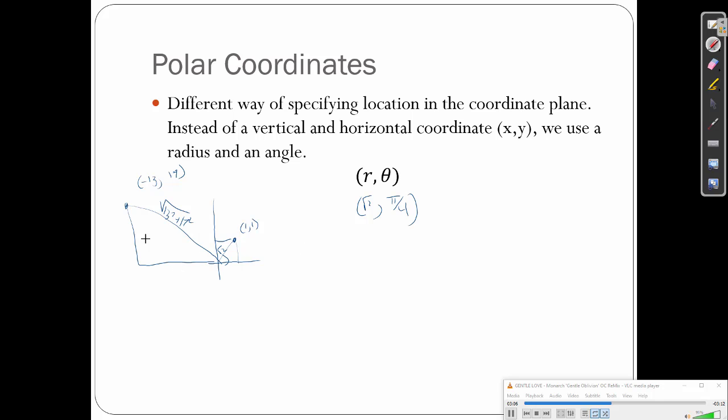And then the angle, you can find that by doing some trigonometry, because this side is 17, this side is 13. Tangent of theta is 17 over 13 if this is the angle.